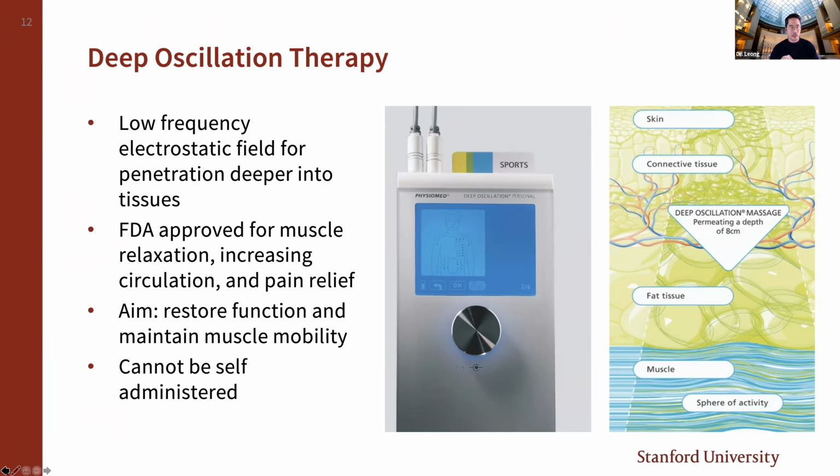This device is a neurostimulation device approved for muscle relaxation and increased circulation and pain relief. The aim, though, is to restore mobility and maintain muscle mobility and function. Now, it can't be self-administered. You have to have a provider administer it to you, either a physician, physical therapist, etc.